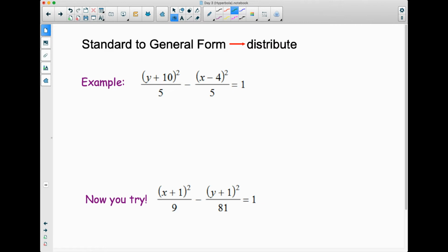Five. No. And we'll only do one of these. Okay. Go ahead and multiply that out.